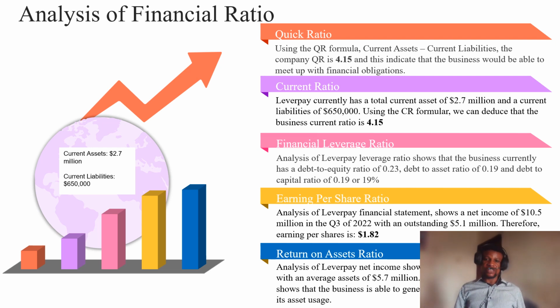If we analyze that of Liverpay, it shows a net income of $10.5 million, all of these are imaginary figures, was generated in Q3 of 2022, and the company currently has outstanding shares of 5.1 million, and it therefore implies that the earning per share is 1.8, if the net income is divided by the outstanding shares.